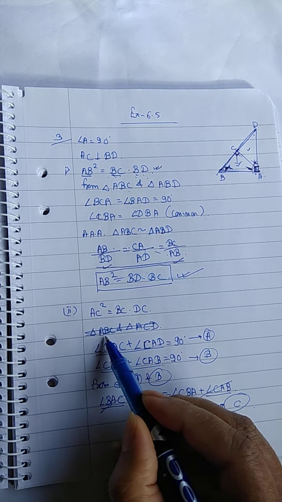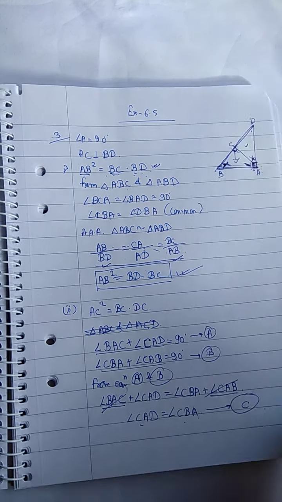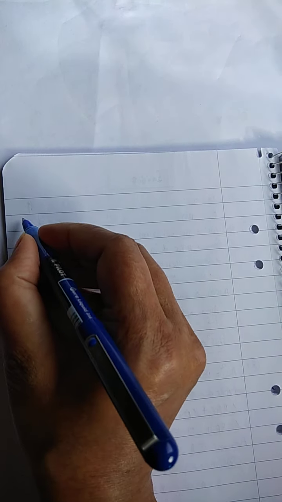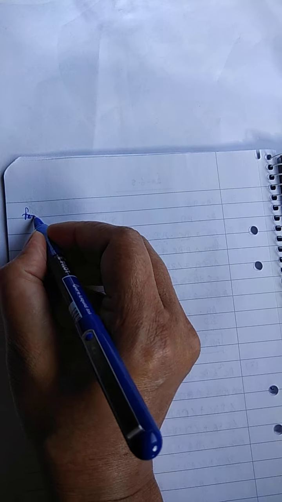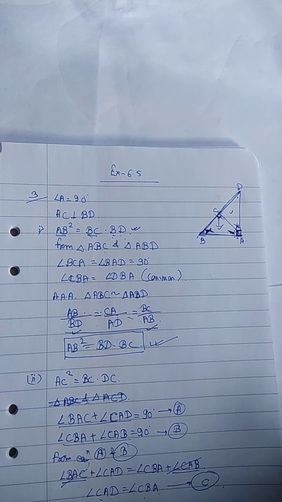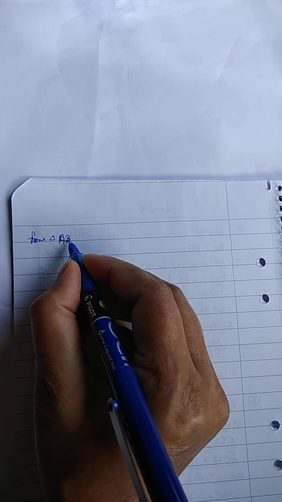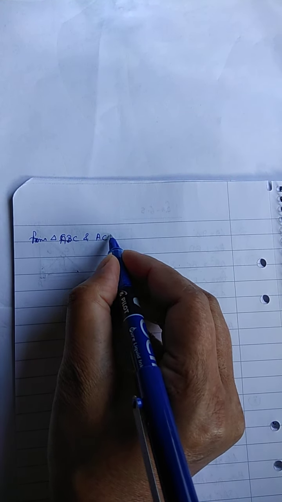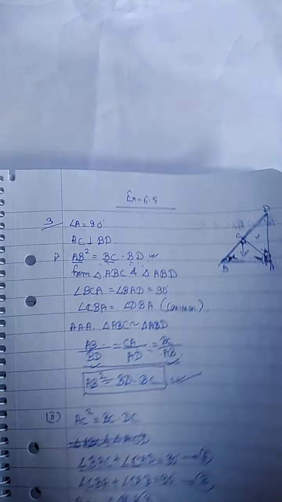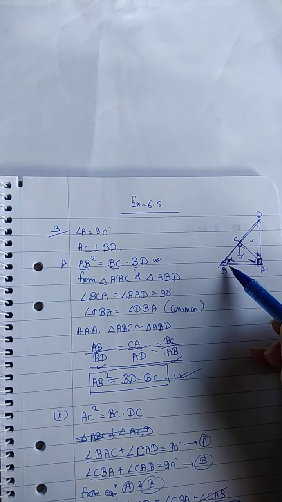Now we will take triangles ABC and ACD. In both triangles, one angle is 90 degrees.